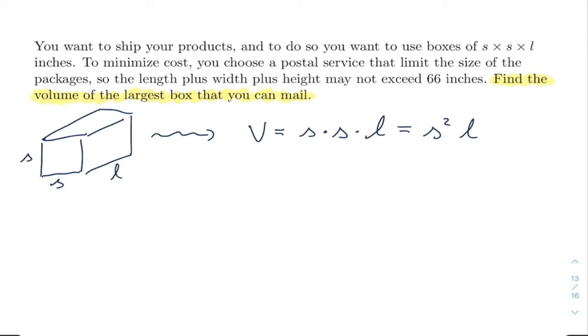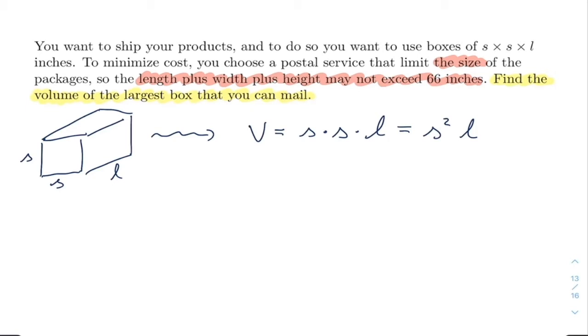The problem here is that we cannot find the maximum of this function because it's a function involving two variables. So we need to do something to get rid of one of them, to write it in terms of the other. To do so, we need to find the restrictions that are given inside our problem. The restriction in this case is that the size, so the length plus width plus height, may not exceed 66 inches.